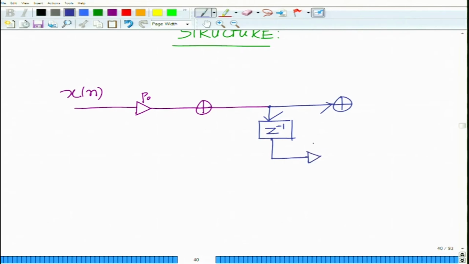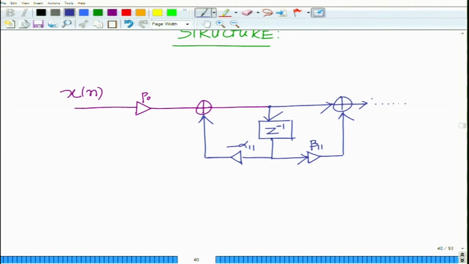This gain will be beta 1 corresponding to the numerator. This will go to the adder. We have another gain minus alpha 1 1, where alpha 1 1 is a coefficient in the denominator. And remember, this is a cascade, so this will continue.